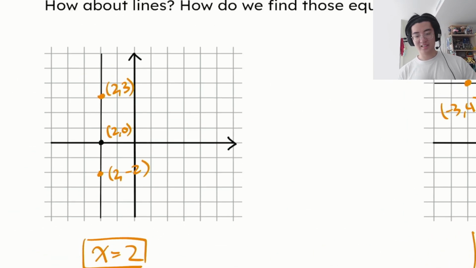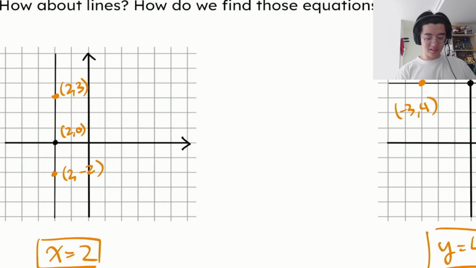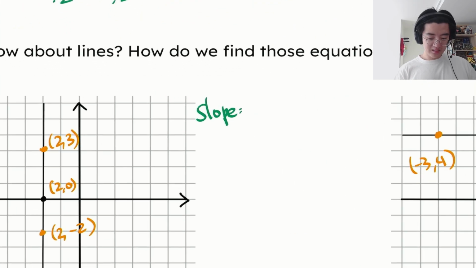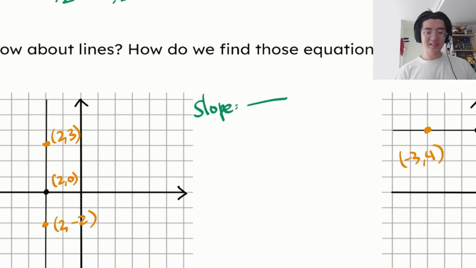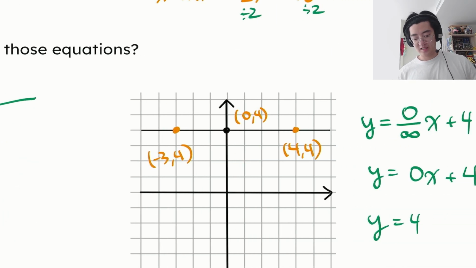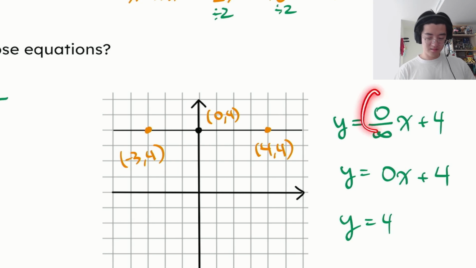But on this side, it's a little different. There's no y-intercept. So that's probably setting off red flags, right? There's literally no y-intercept. So how can we make an equation? And on top of that, we also have to find the slope. For the slope, in the previous case, the rise is 0.